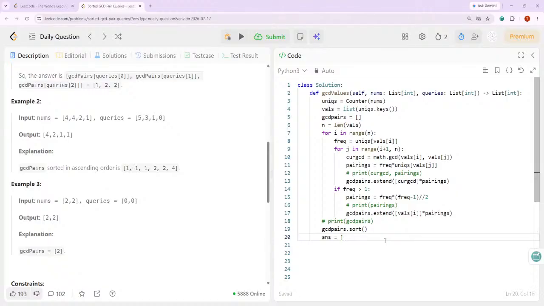So the answer I is going to be GCD pairs at queries at I for every I in range of the length of queries. I think that's right.